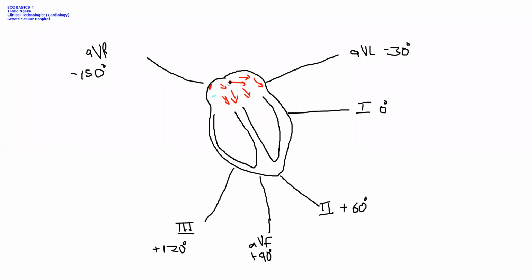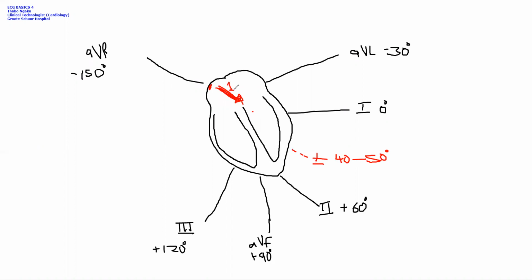So let's just take all of that out. Great stuff. So the overall direction of this activation or depolarization wavefront is this way, okay? It's going to be about, I don't know, plus 40 to 50 degrees. So roughly there. We call this vector number 1, and please write these things down.